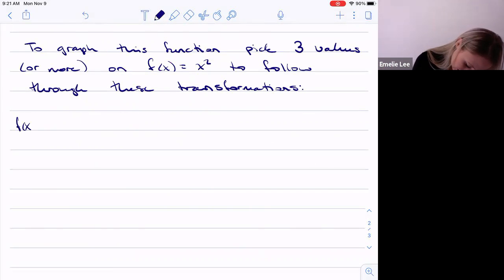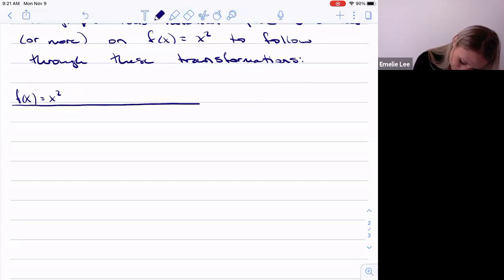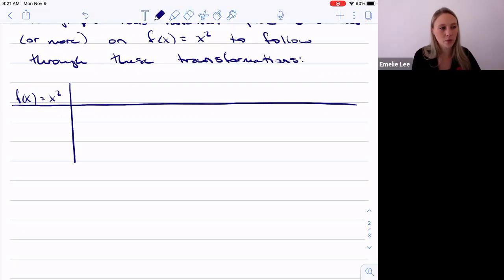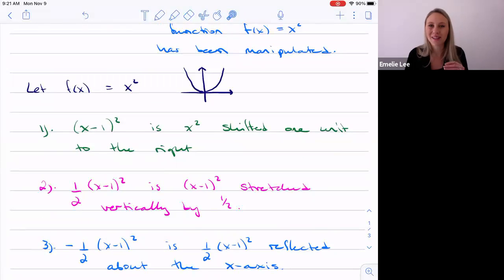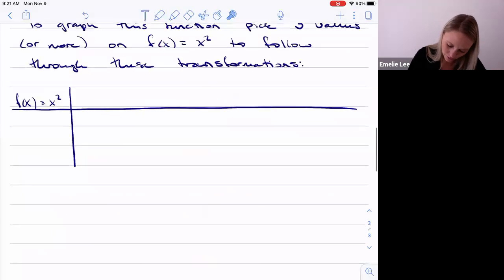So f of x equals x squared. I'm going to pick 3 points. I know what x squared behaves like: any negative value becomes a positive value. So I'm going to pick x equals -1, 0, and 1, and follow those through.